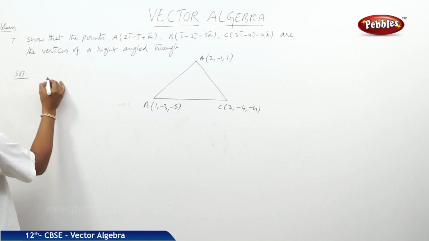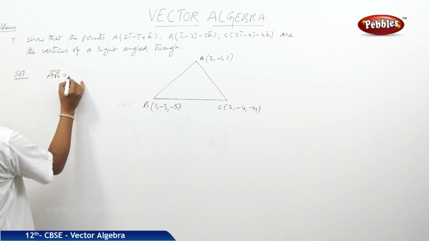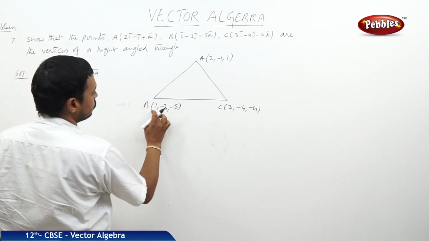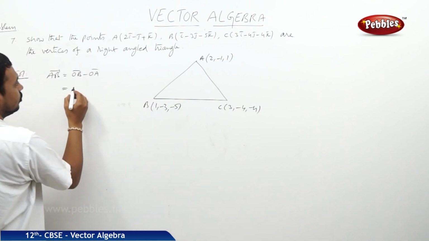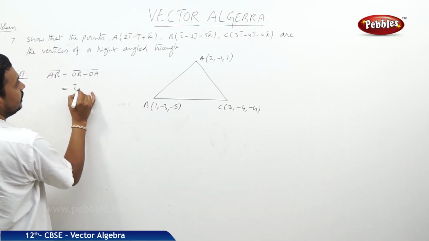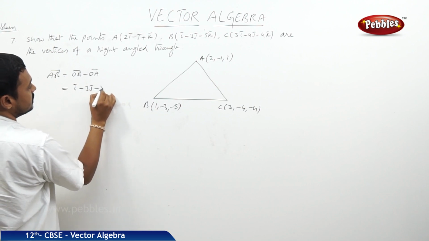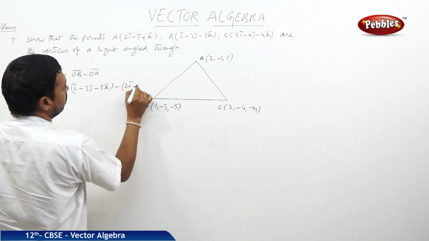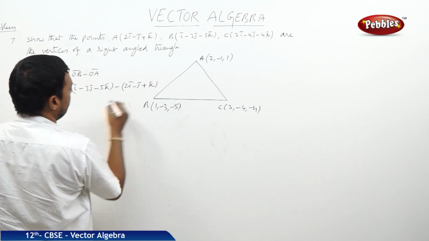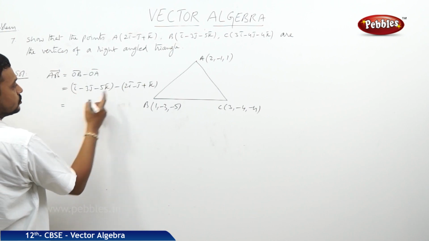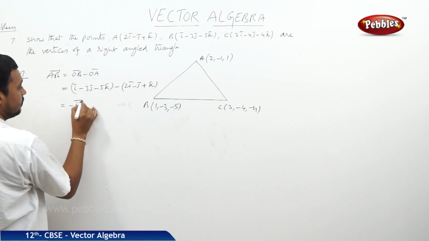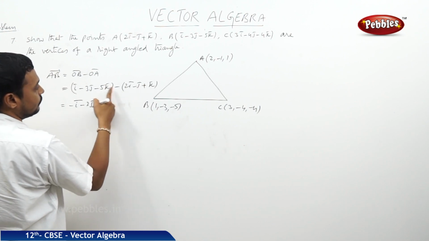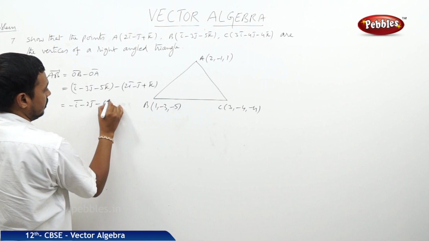Solution. Now, let us find AB vector. AB vector is equal to OB minus OA. The position vector of B is I minus 3J minus 5K minus OA vector, which is 2I minus J plus K. So that is I minus 2I is minus I, minus 3J plus J is minus 2J, minus 5K minus K is minus 6K.